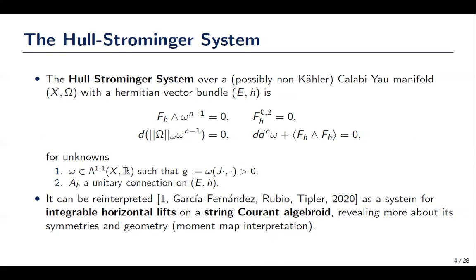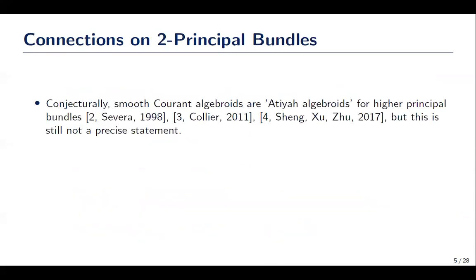So this is a sign that this is related to higher gauge theory, because Courant algebroids are usually believed to represent infinitesimal symmetries of higher principal bundles. This was pointed out in Severin's talk for the case of abelian gerbes and exact Courant algebroids. And the more general statement is that general Courant algebroids should represent infinitesimal symmetries of general principal bundles.